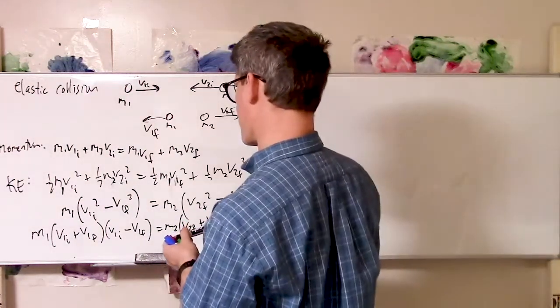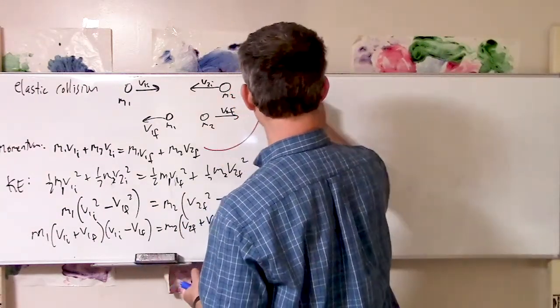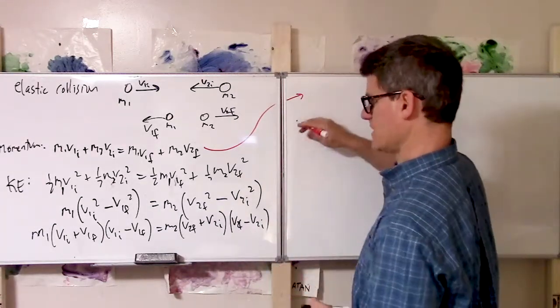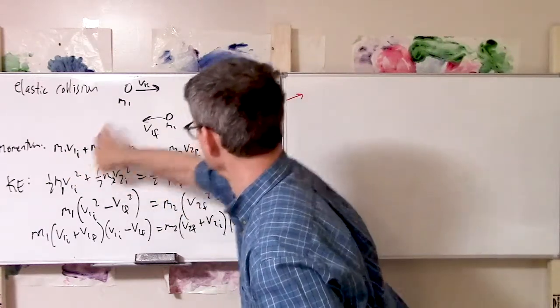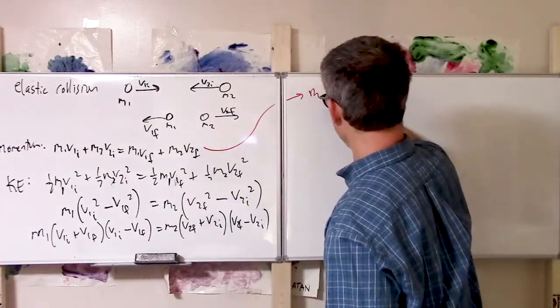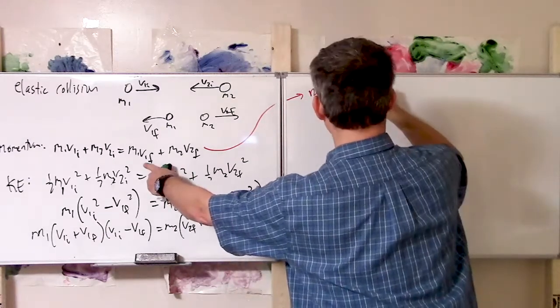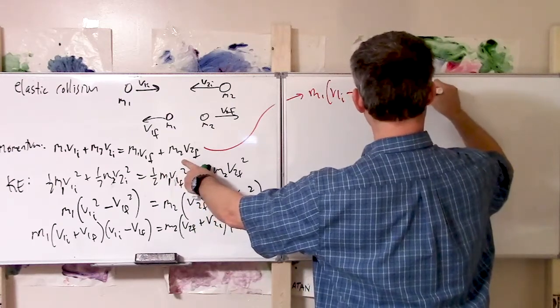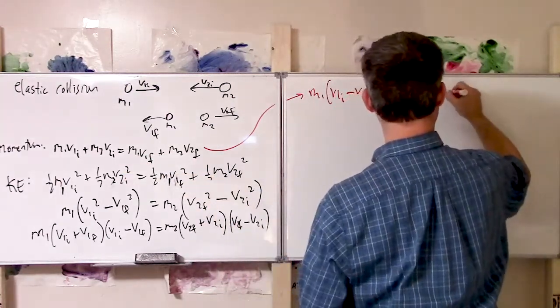Now we take the momentum equation and put all the m1s and m2s on the same side. I'm going to do this in red so you can see that it's a different equation. So m1 I'm going to bring over here, and m2 I'm going to put over there. Basically m1 times v1 initial minus v1 final equals m2 times v2 final minus v2 initial.